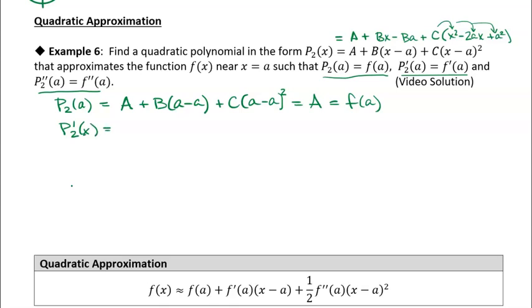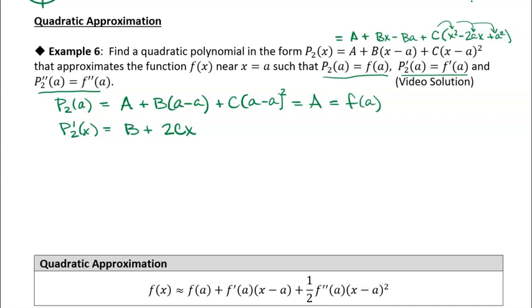Okay, so the derivative of A is 0, and the derivative of bx is just going to be b. Now I didn't distribute this out, but you could imagine the next term is going to be cx squared, so we're going to have 2cx.